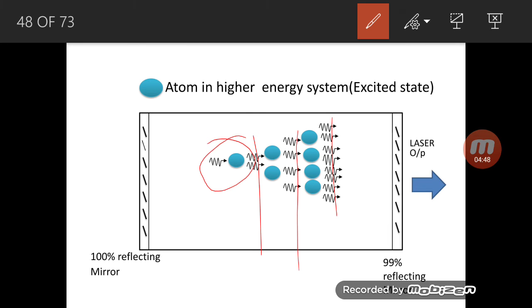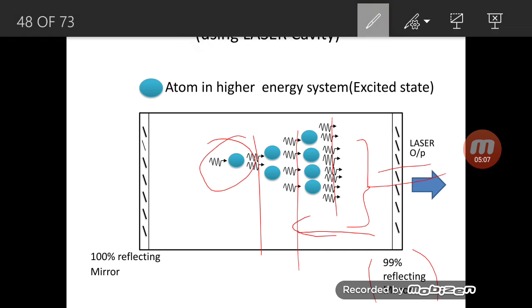Once they reach this point, if the number is sufficient, a small part of the light will be tapped out, because the mirror is 99% reflecting. If it is not sufficient to act as a laser, what the feedback system will do is send the light back, reflecting it in the reverse direction. You're getting the point?